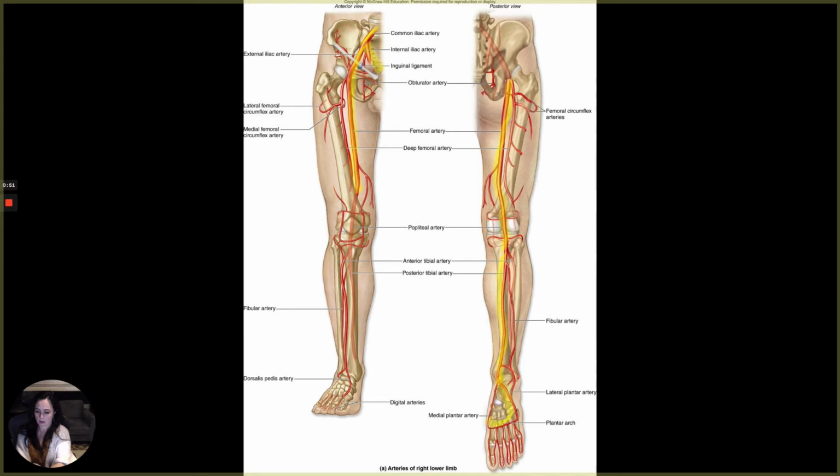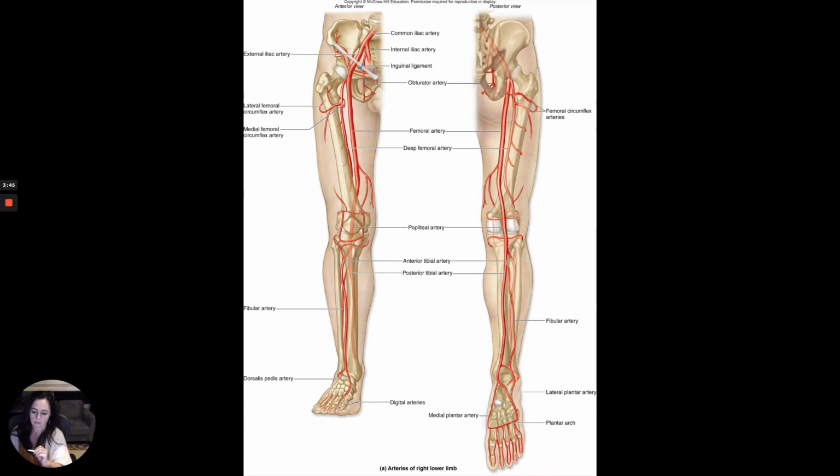That will form some arches and then digital arteries, okay? It will also give rise to the fibular artery, which goes lateral, not surprisingly. And then the anterior tibial artery, which goes anterior. That will give rise to some arches and some digitals, okay? And that's basically the arterial supply to the lower limb.